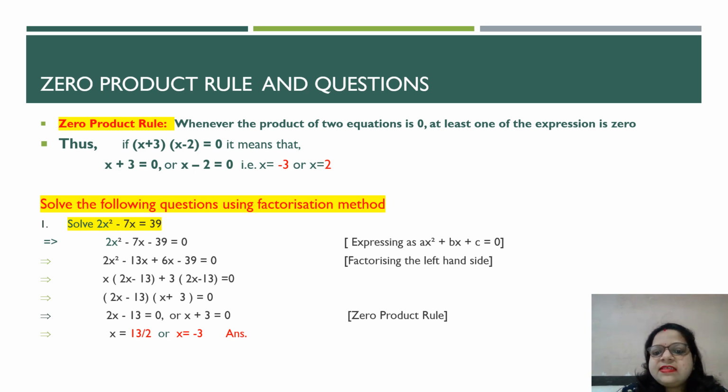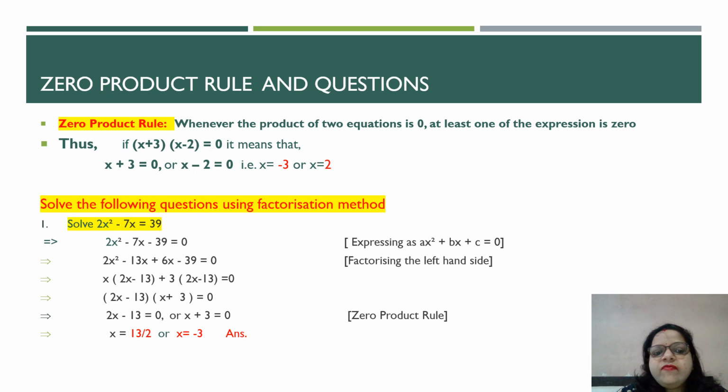That is factorizing on the left hand side. Again, I'm telling you, we have to take two numbers whose product is minus 78 and whose sum is equal to minus 7. So we take minus 13 into 6, which is minus 78. So we put here minus 13x plus 6x.